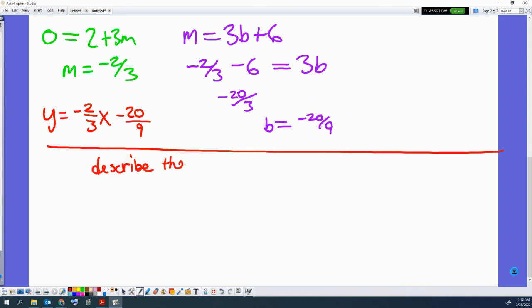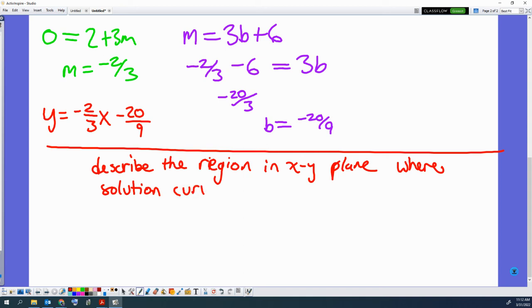Describe the region in the XY plane where solution curves are concave up. Then again, first they might even prompt you to find that second derivative. If they don't, you're going to find the second derivative.